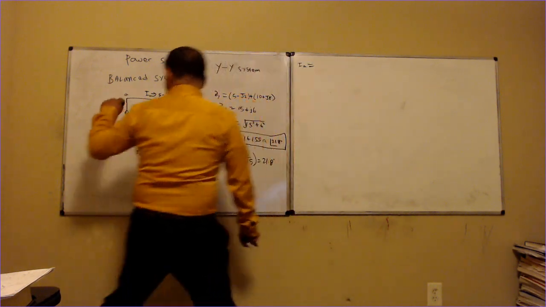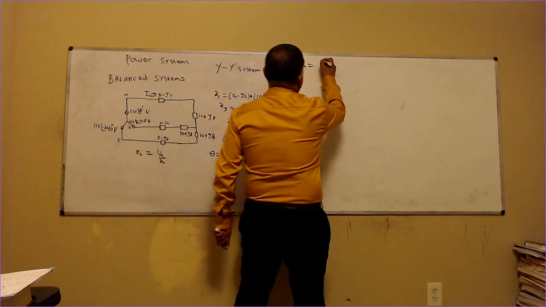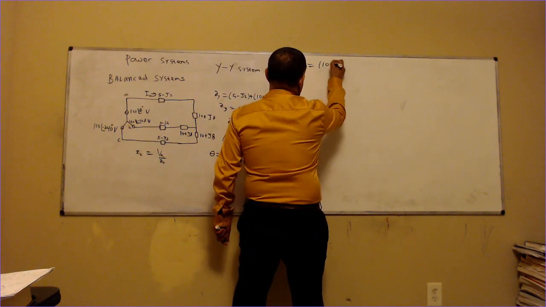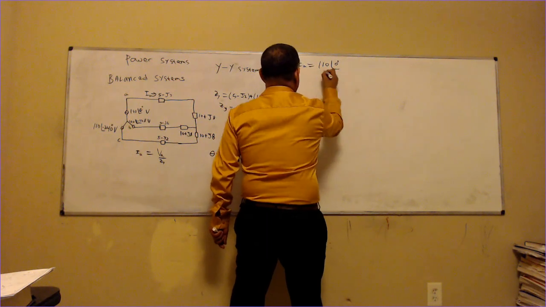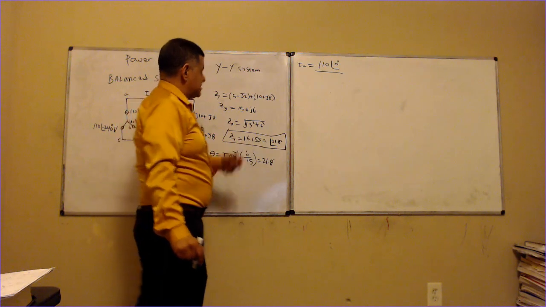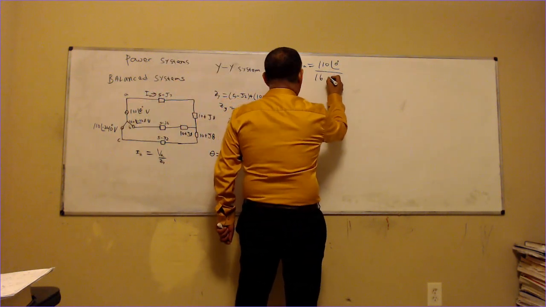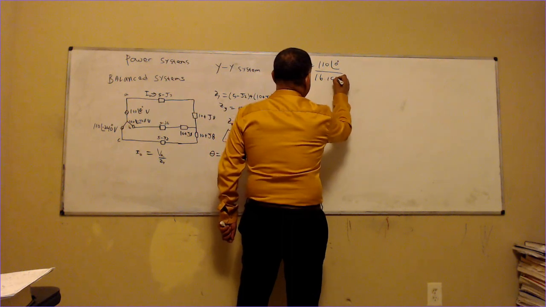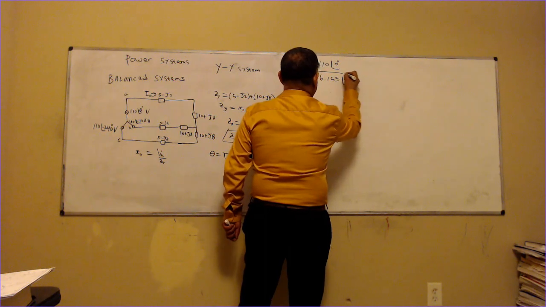So I will do 110 volts at an angle of 0 degrees, right? And I am dividing this by 16.155 at an angle of 21.8 degrees.